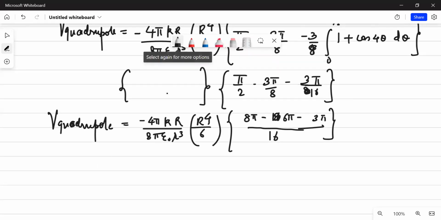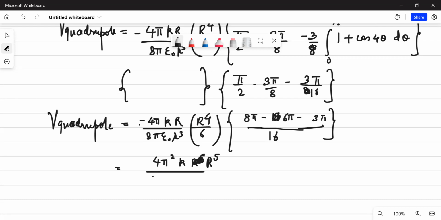So I'll write minus pi upon 16, minus minus plus, so it is 4 pi square k r to the power 5 upon 16. Let me stop, so minus 4 pi k, r to the power 5 instead of r to the power 6, I think. What will happen? It will remain r to the power 5, sorry, r to the power 5 only here.